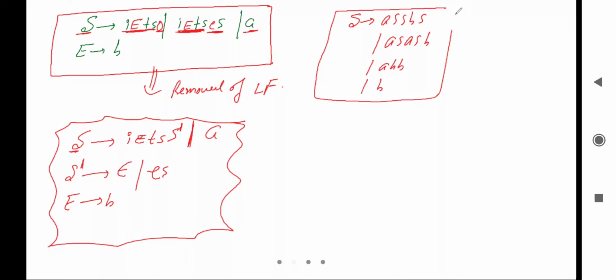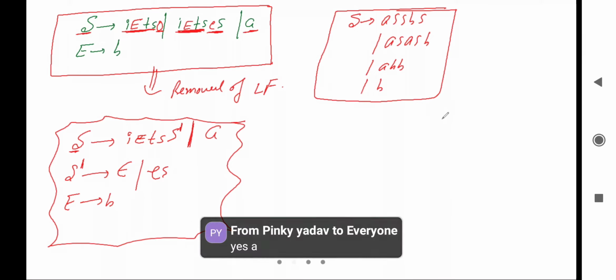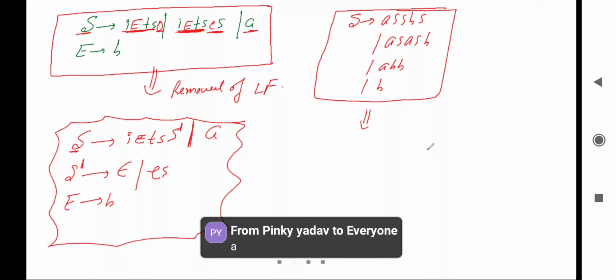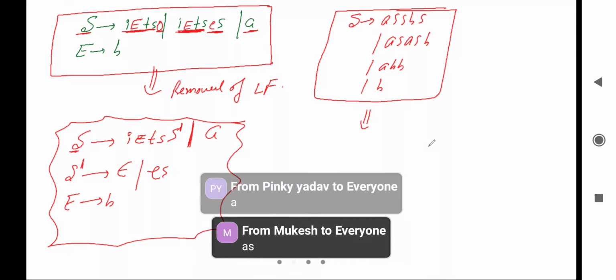Now in this grammar, is there any left factoring? What is the left factoring here? A S S B, or what? Okay, A is the left factoring.